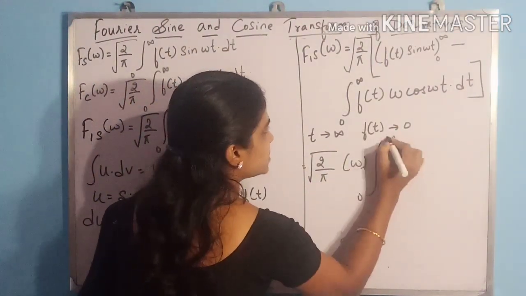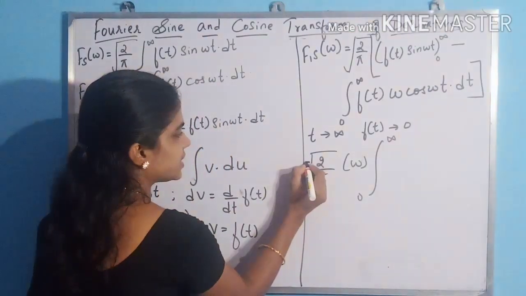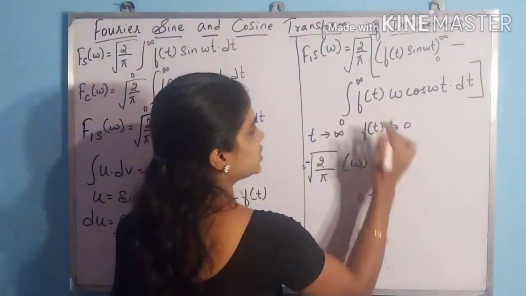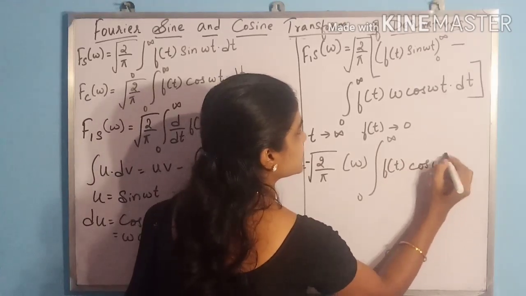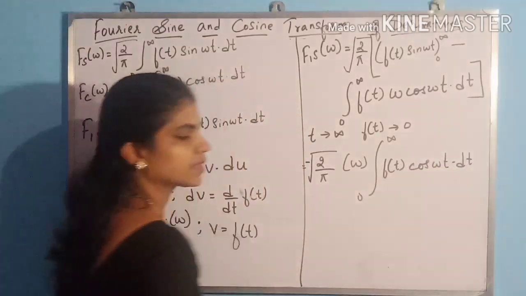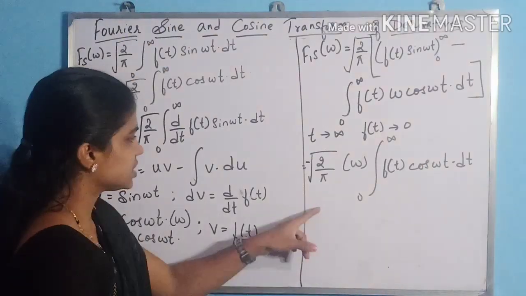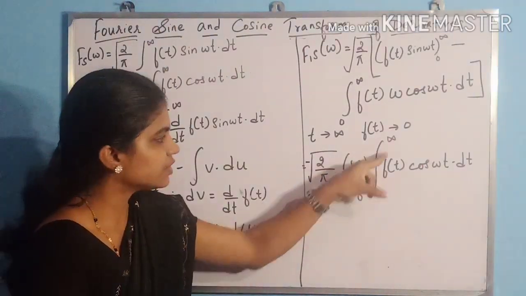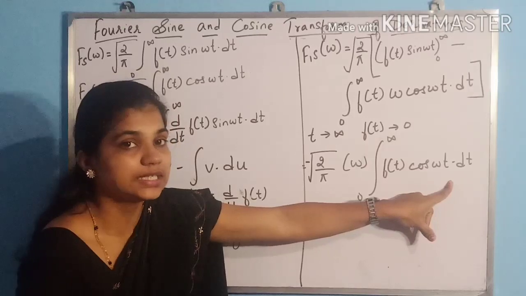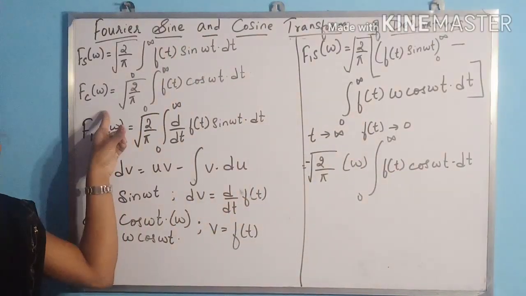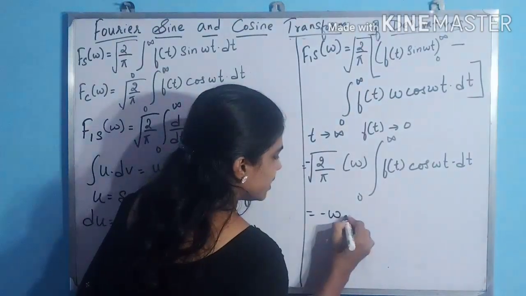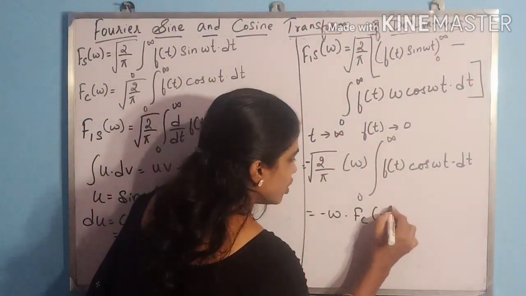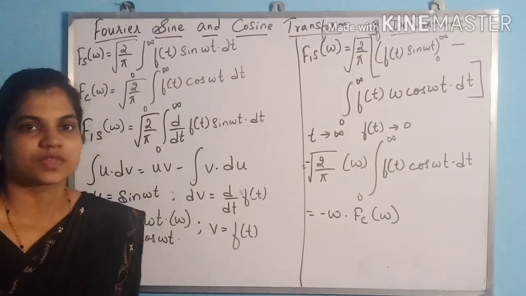So we have 0 to infinity, there's a minus here, 0 to infinity, f of t cos omega t dt. Now if you observe, root 2 by pi 0 to infinity f of t cos omega t dt is nothing but fc of omega. So I can write this as minus omega into fc of omega, right?